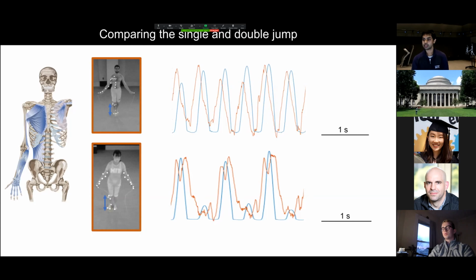One important point is to look at touchdown. I said when we touch down, we store elastic energy in our muscles, right? Here's the point of touchdown, and look at the difference in how much the length of our arms changes. The change is like 2%. It's almost imperceptible.